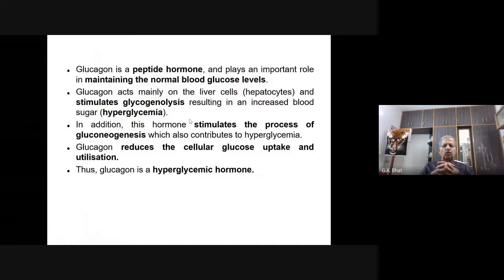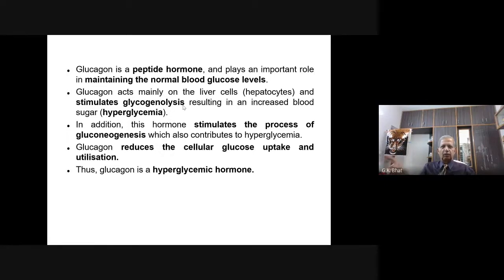Coming to these hormones one by one, alpha cells produce glucagon. Glucagon is a peptide hormone, and it plays an important role in maintaining the normal blood glucose level. How? Glucagon acts mainly on the liver cells, which are also called hepatocytes, and stimulates glycogenolysis.